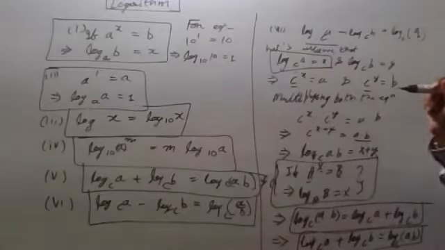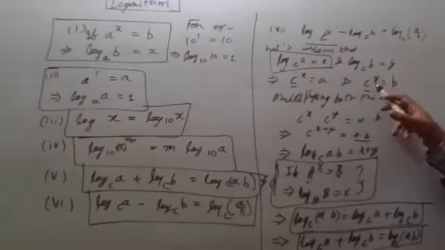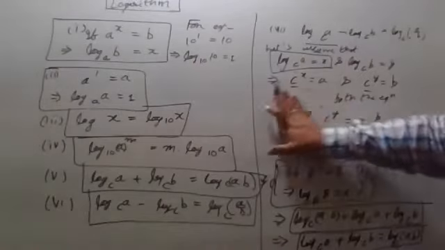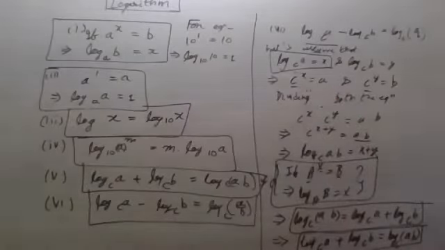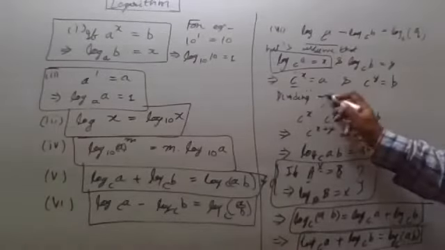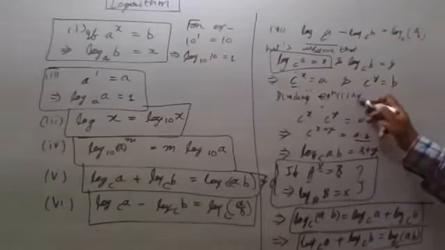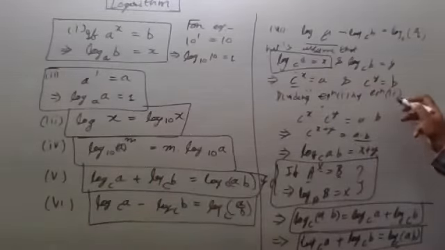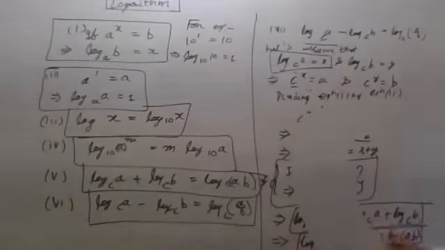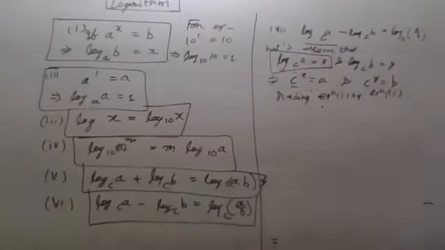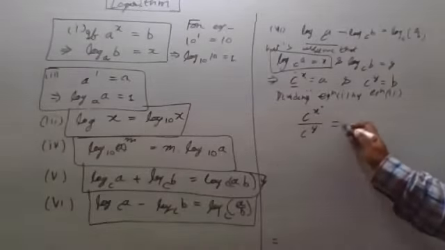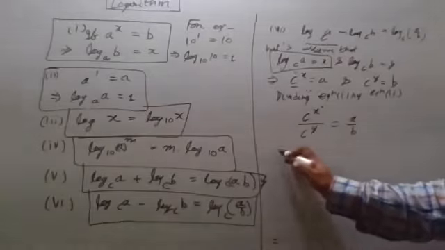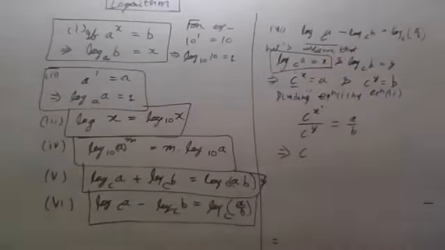If we change it to indices, and c to the power y equals b, then dividing first by second, dividing equation first by equation second, we get c to the power x upon c to the power y equals a by b, that is c to the power what? x minus y.